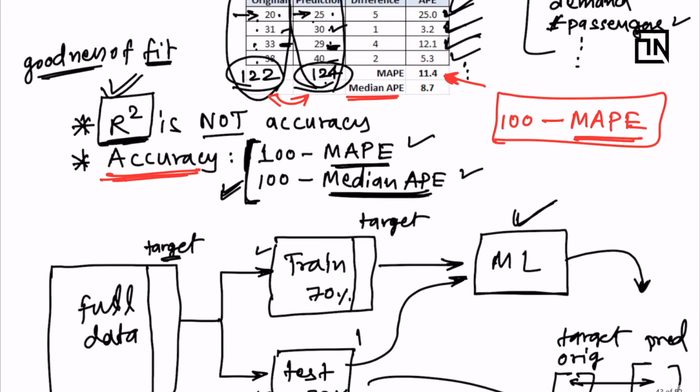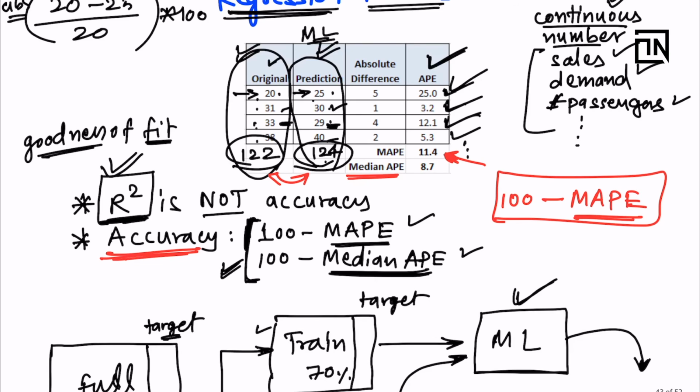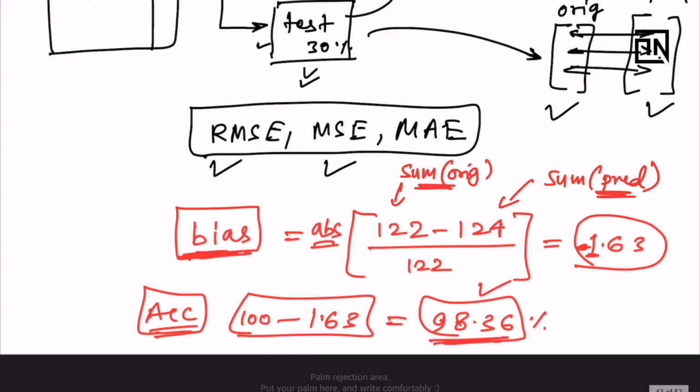If you see in this scenario itself, the accuracy based on 100 minus MAPE would be somewhere around 88%, and based on bias it is coming as 98%. So a 10% jump you are witnessing when you are employing bias. Bias is something which prints a very rosy picture.